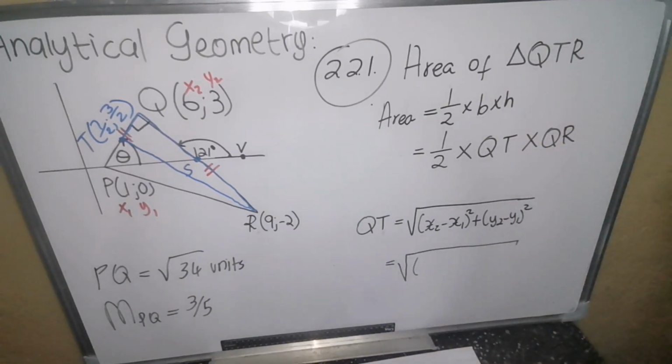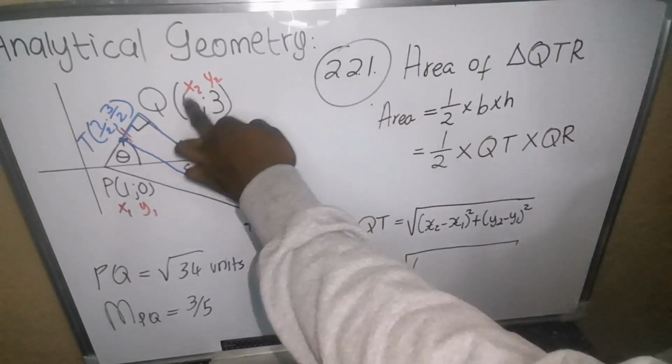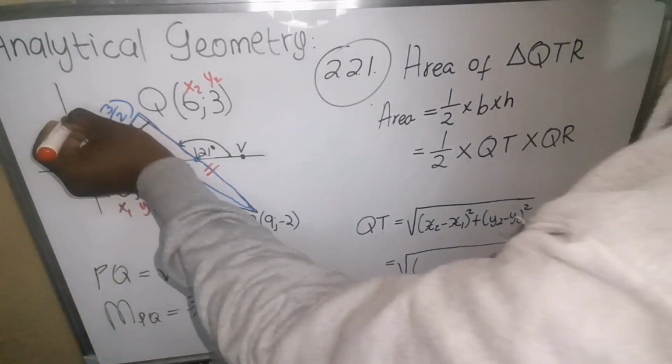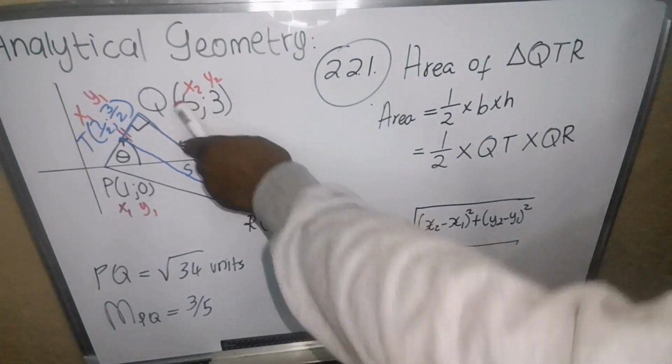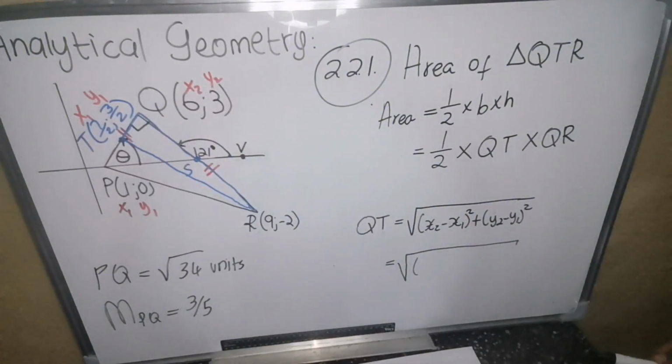Alright, QT. You can label Q as x2 and y2, and you can label T as x1 and y1. Simple. Already Q has got x2 and y2, so I can label T as x1 and y1.